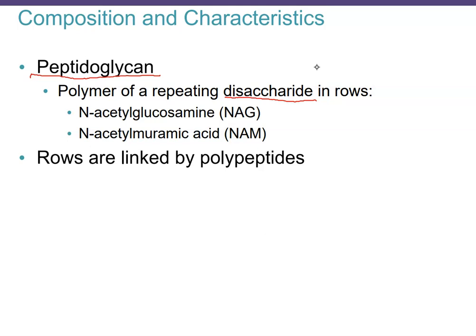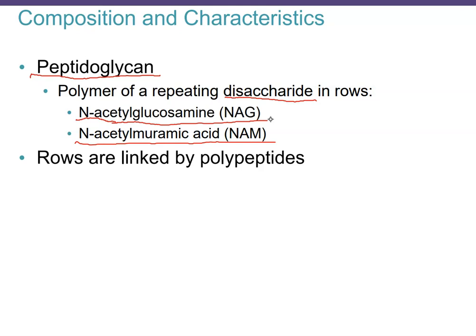The disaccharides here are NAG and NAM. NAG stands for N-acetylglucosamine, and NAM is N-acetylmuramic acid, alternating and forming the carbohydrate component of the bacterial cell wall.